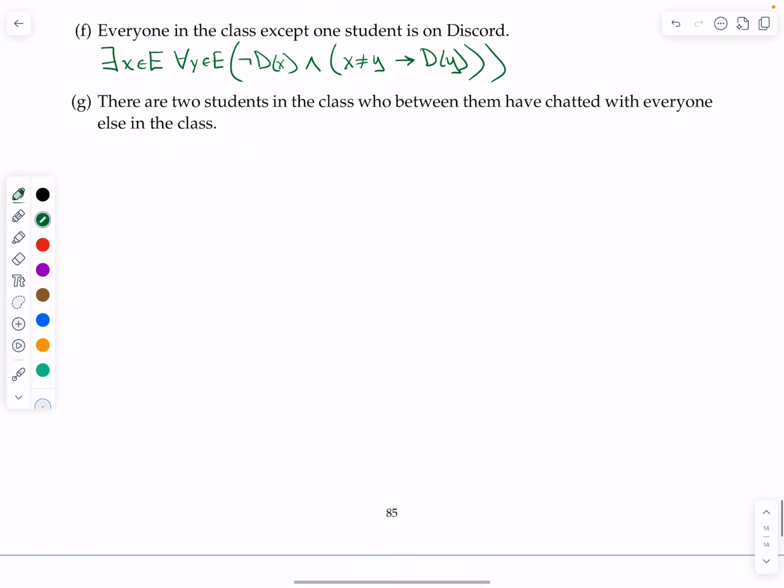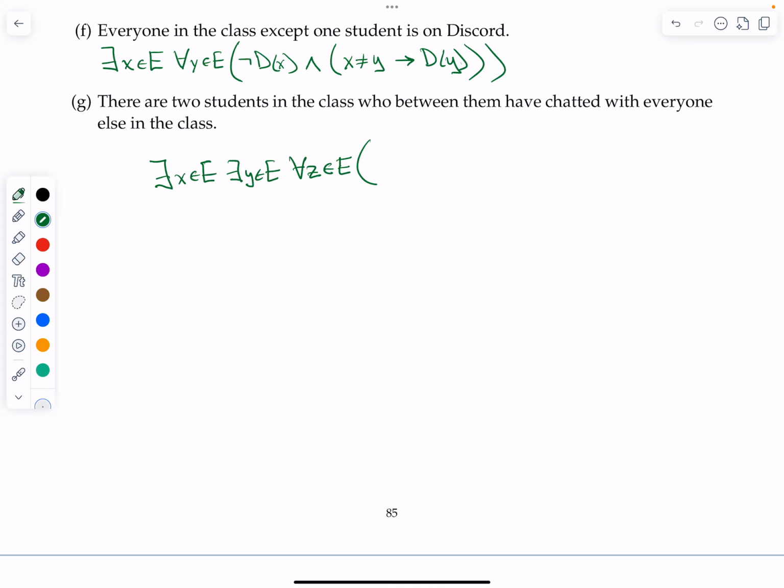And then finally, there are two students in this class. Here's the first student, who between them have chatted with everyone else in this class. So let's get everyone else.